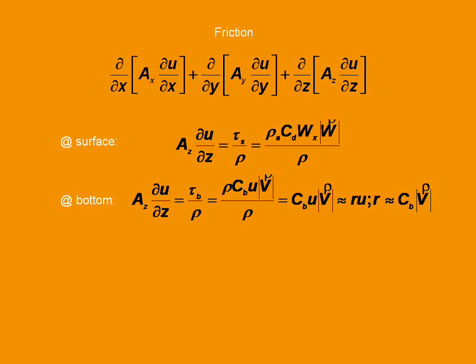Notice that this bottom stress parameterization can also be linearized. It is nonlinear because it requires a product of two velocities. But it can be linearized by the expression R times U, where R is a linearized bottom drag coefficient, approximately equal to the non-dimensional bottom drag times the speed of the current.